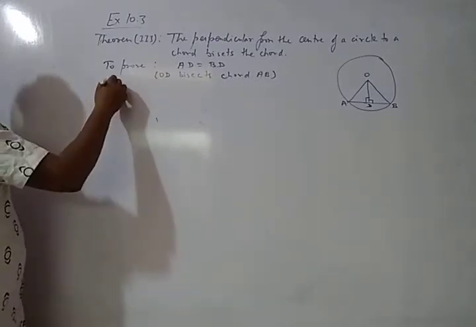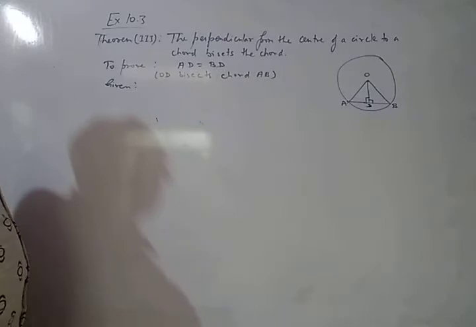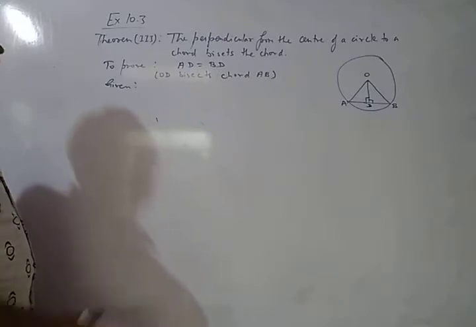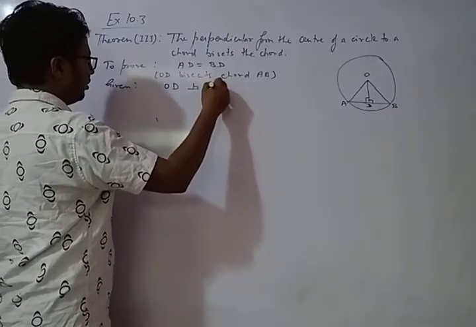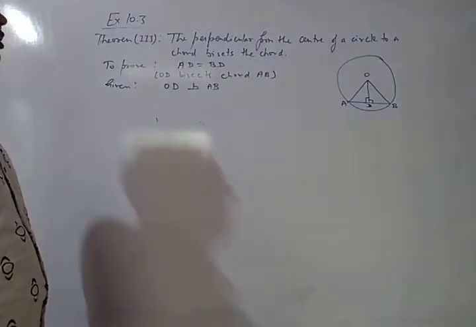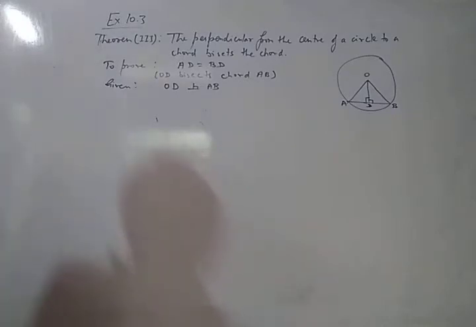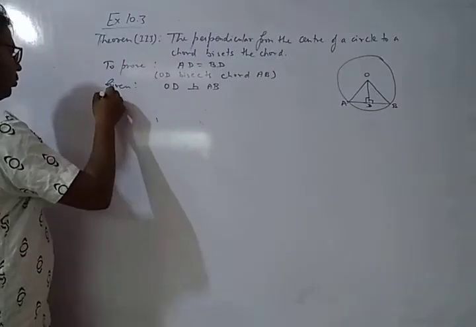What is given? OD is perpendicular on AB. सिर्फ हमें ये दे रखा है कि OD जो है परपेंडिकुलर है वो AB के ऊपर. अब प्रूफ देखते हैं इसका.